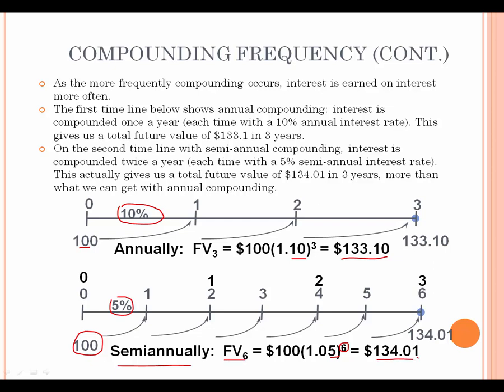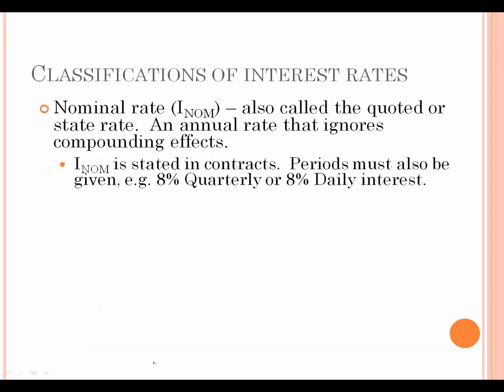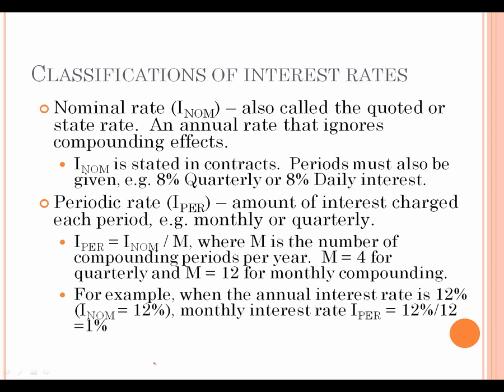This result is a little bit higher than 133.10 from the annual compounding. So you get the idea that when we use more frequent compounding, we end up with a different, actually higher, future value.